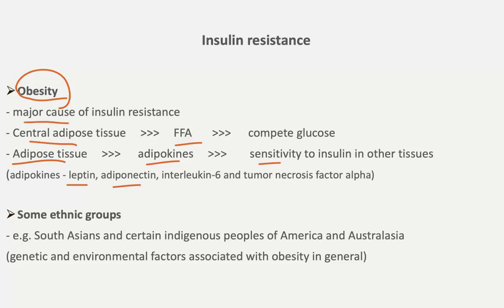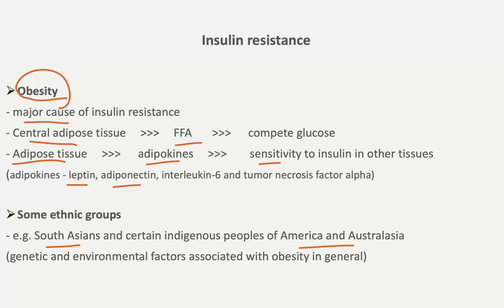And the other important risk factor for insulin resistance: the literature describes that certain ethnic groups, for example, South Asians and indigenous peoples of America and Australasia, may have a very high prevalence of insulin resistance.